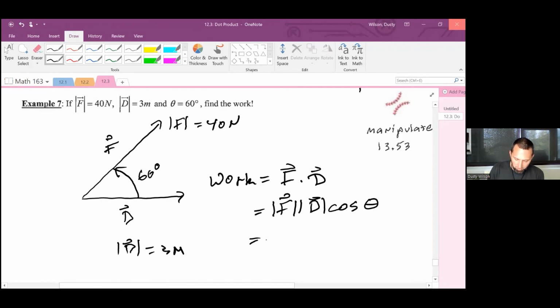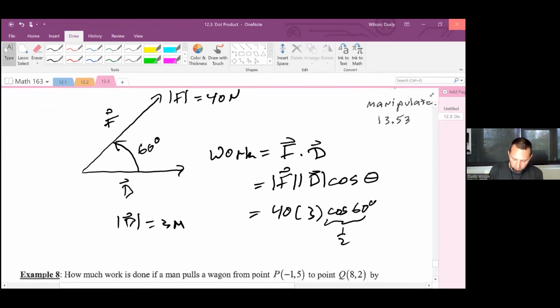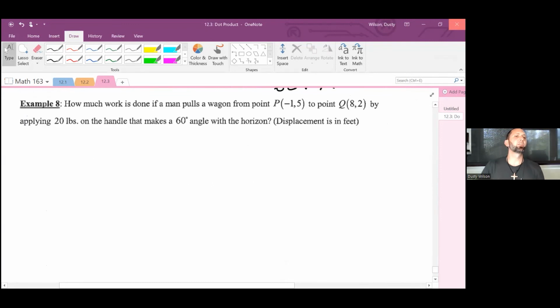So this is going to be 40 times 3 times the cosine of 60 degrees, which is a half. And so the work done will be 120 times a half, or 60 Newton meters.